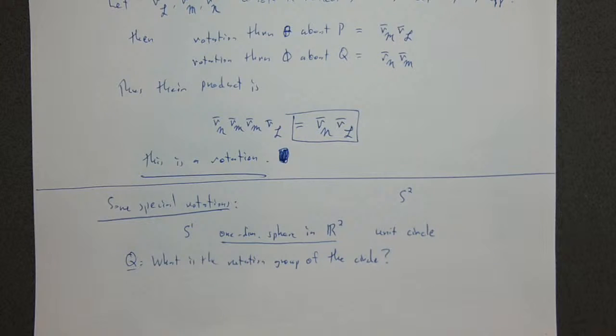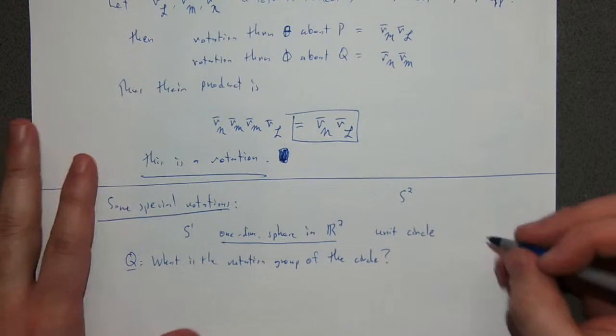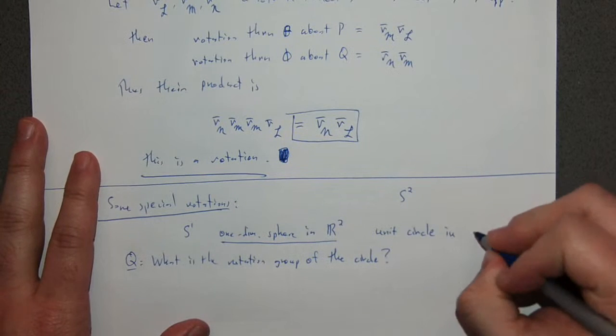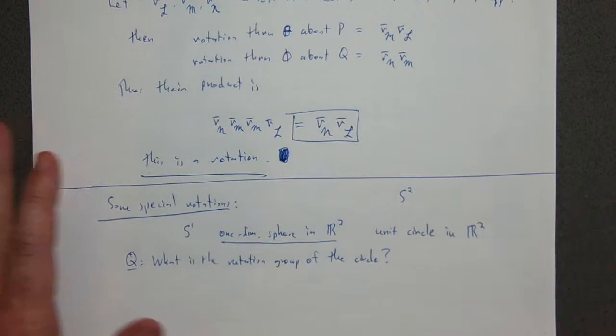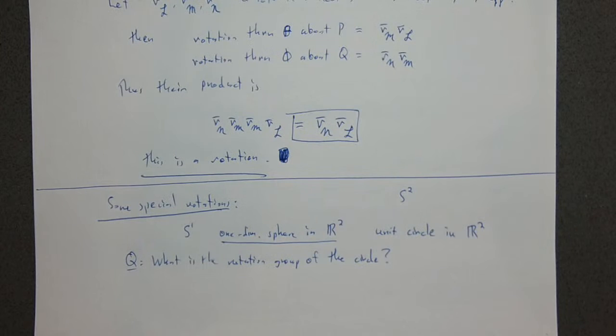Well, to think about this, what are the rotations of the unit circle sitting in R2, right? So what is this? Well, the rotations are products of reflections across lines through the origin, right?